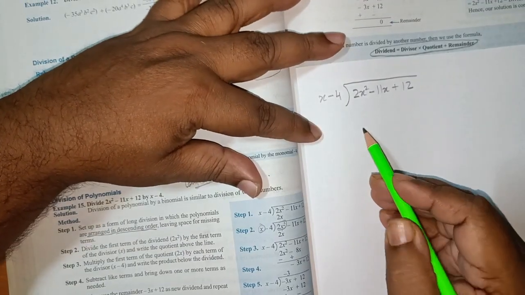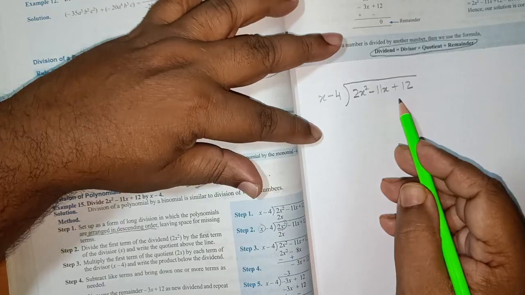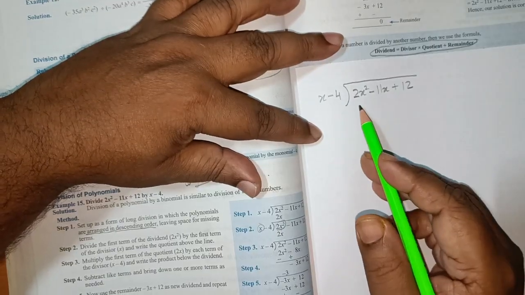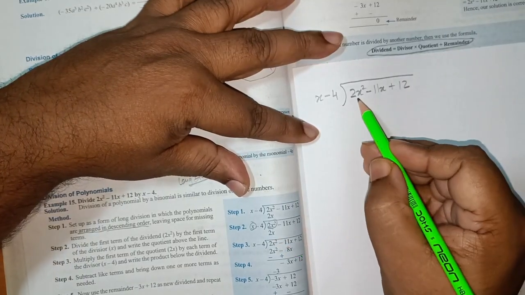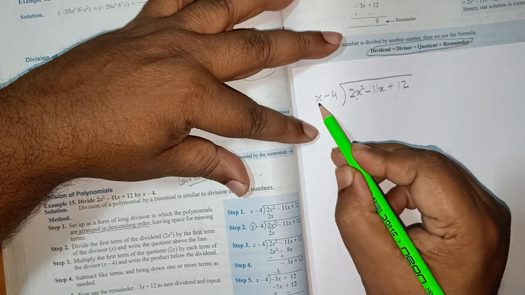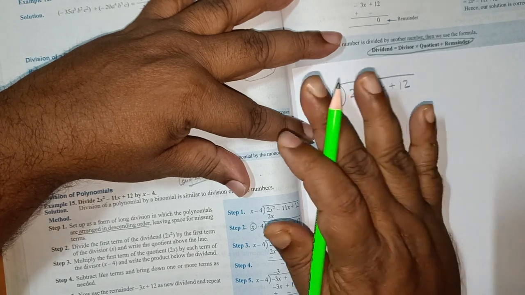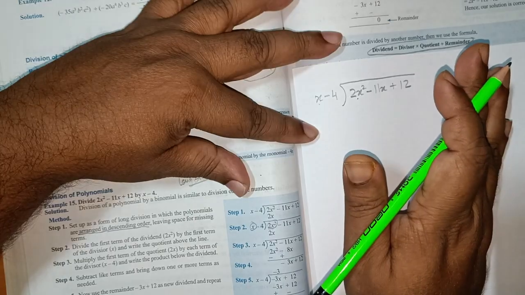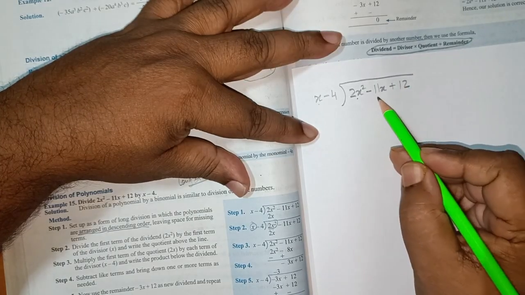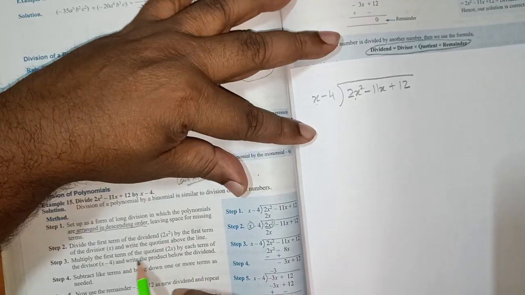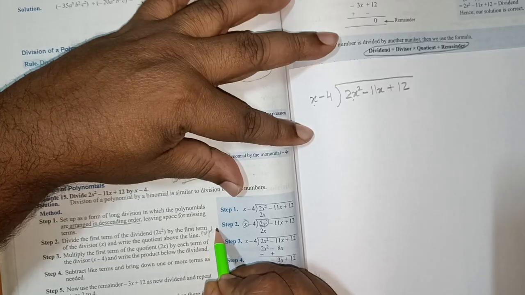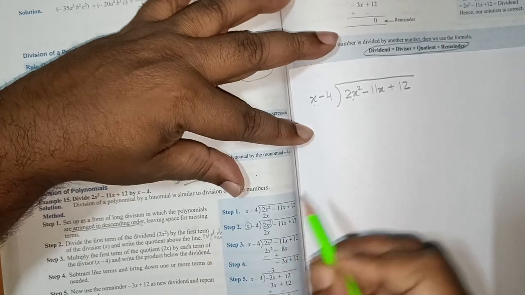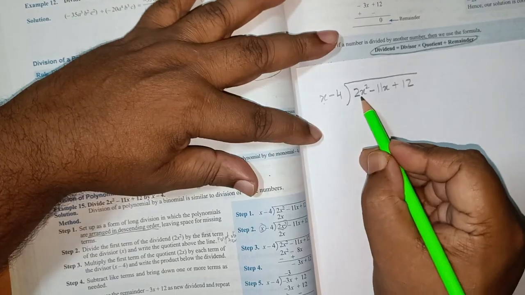I have written over here, this is my dividend, this is my divisor. Now in the second step, we have to just consider these 2 terms. Forget about any other number, forget about any other term. So in step 2, just forget other terms and concentrate on this first term.